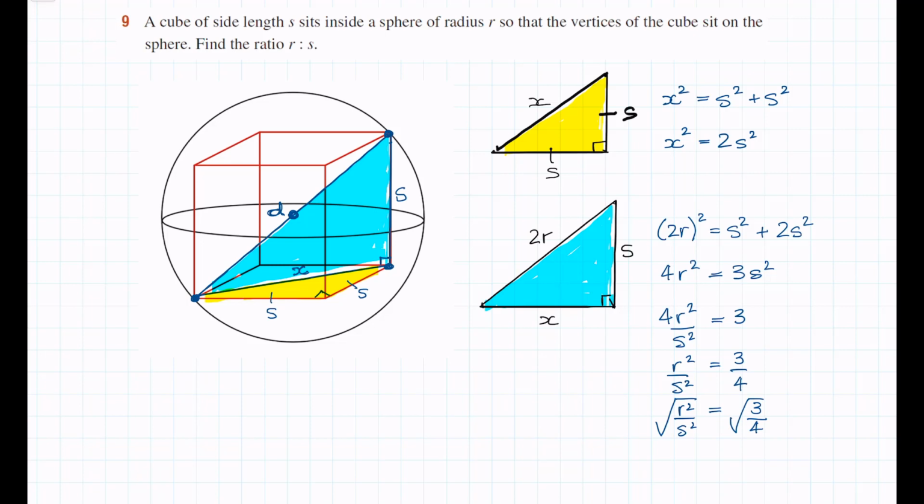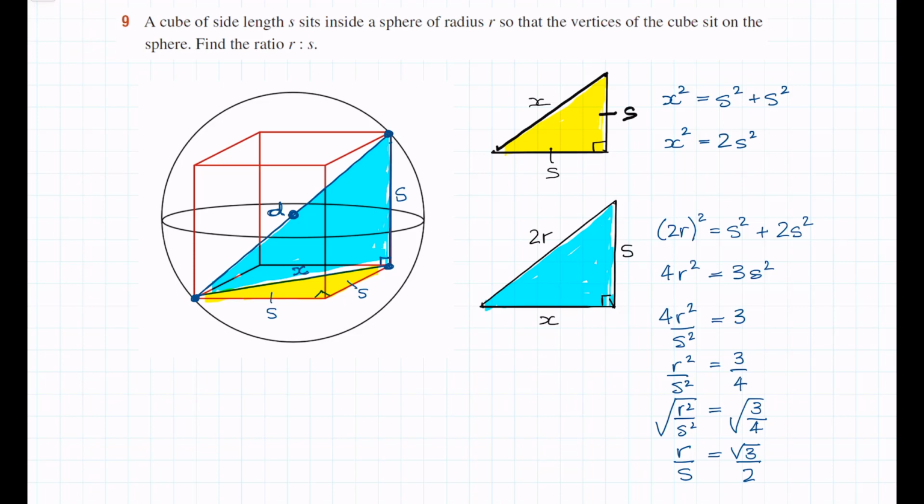If we're taking the square root of a fraction, that's the same as taking the square root of the numerator and denominator individually. The square root of r squared is simply r, and the square root of s squared is simply s. And then the square root of 3 we will leave as the square root of 3, and the square root of 4 is 2.